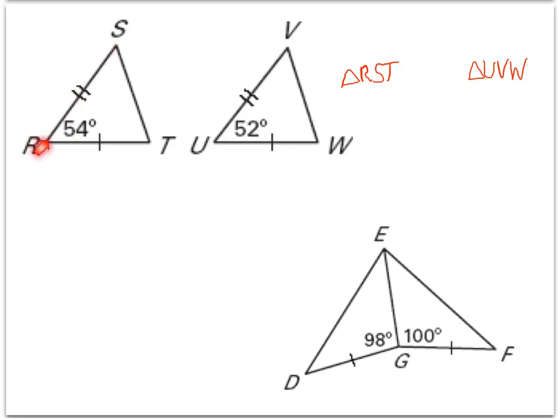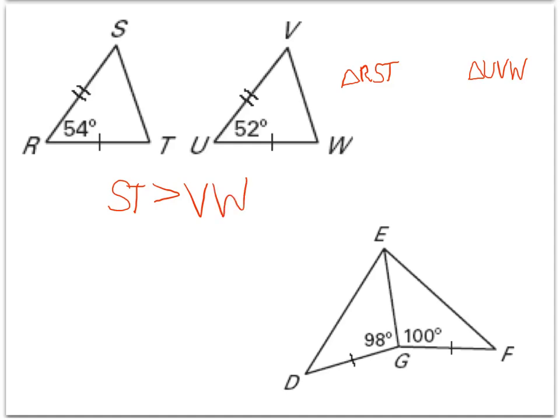Angle SRT is 54 degrees, which is greater than the angle in this triangle VUW. So since this angle measure is greater than this angle measure, we can say that side ST should be greater than VW. ST greater than VW.